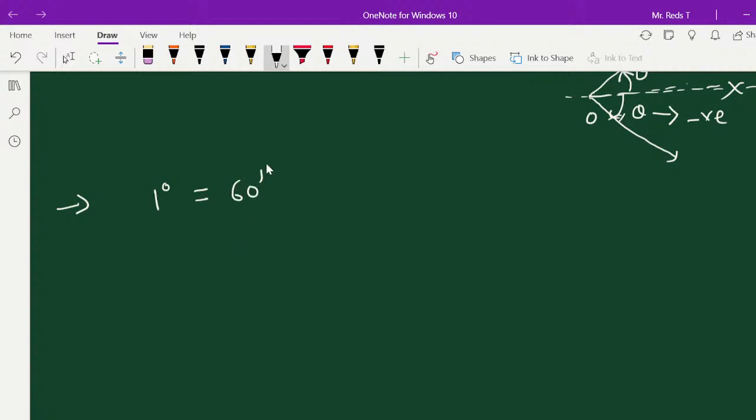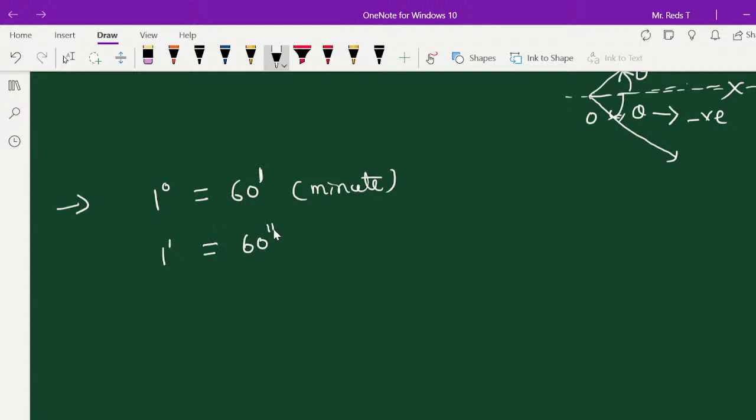It is denoted by a single line on top of the number, and we read it as minute. In terms of seconds, 1 minute is written with one small line on top, and we read it as 1 minute is equal to 60 seconds.